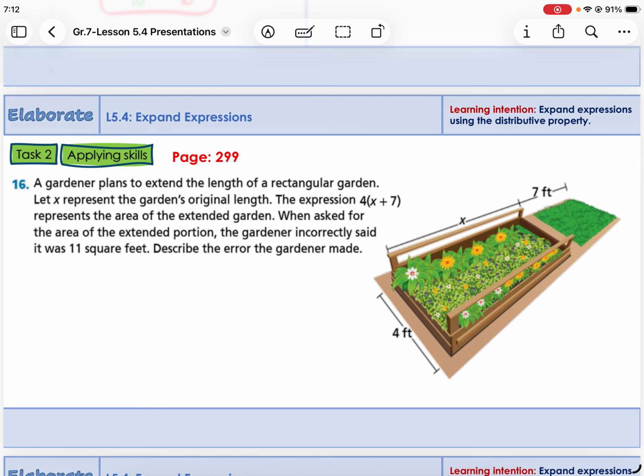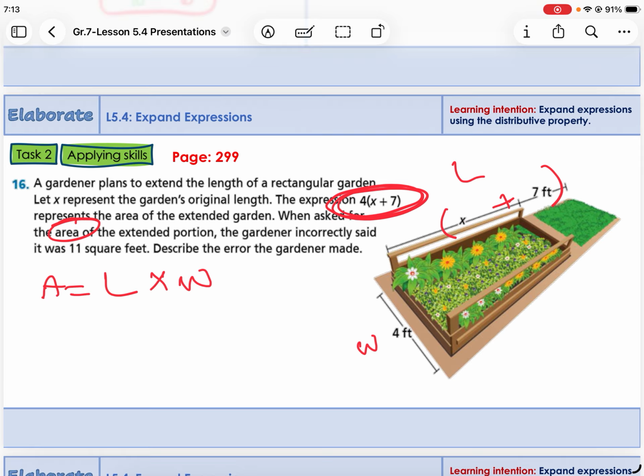Here we have a real life application. As you can see, this is the length, which is x plus 7, and that's the width, which is 4. Now to find the area, we all know the area is equal to length times width, okay? So you need to multiply this. We give you the expression ready for you guys, so all you have to do is just distribute.